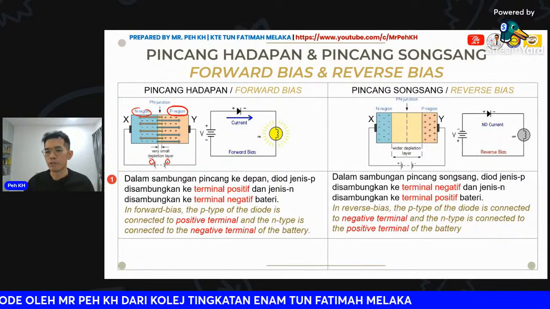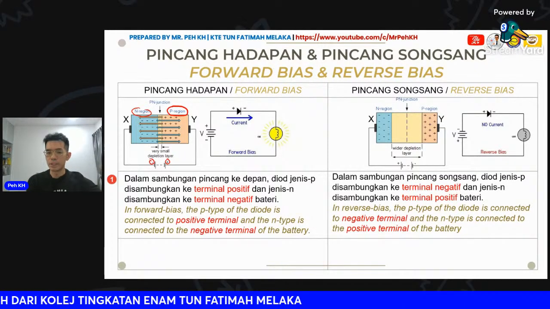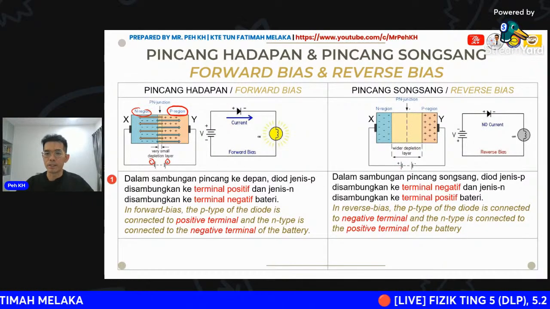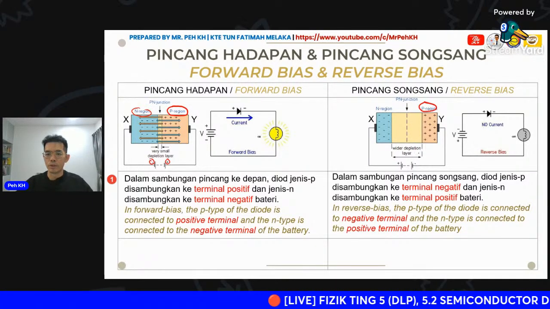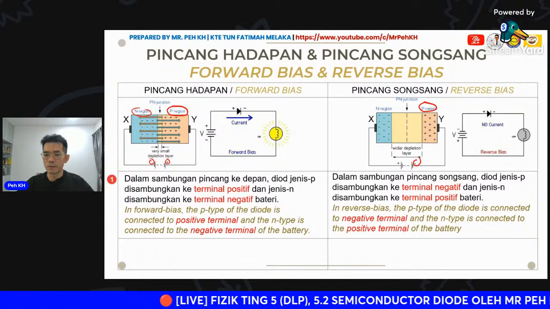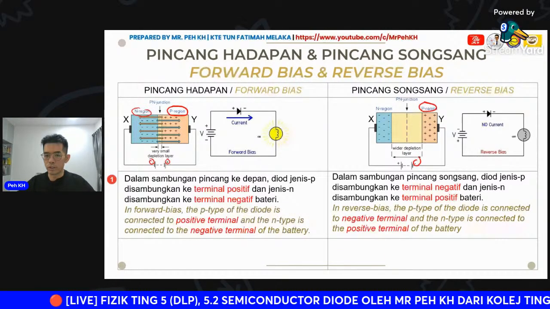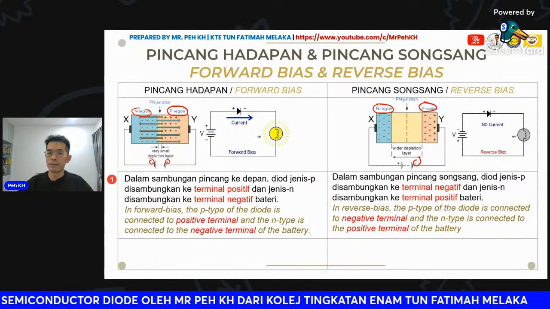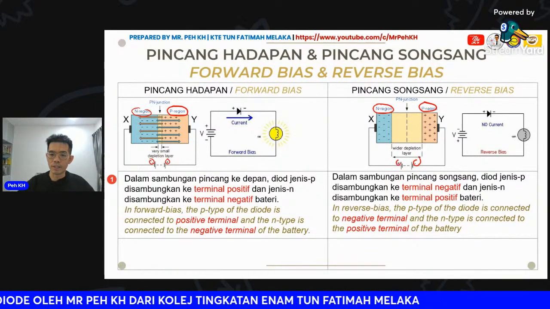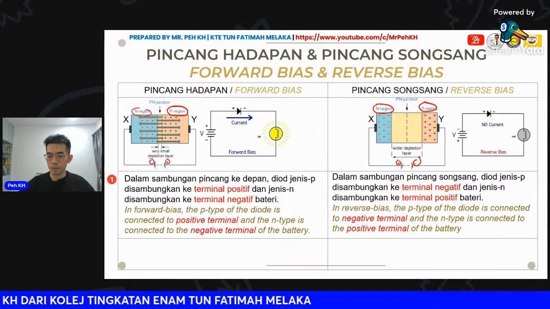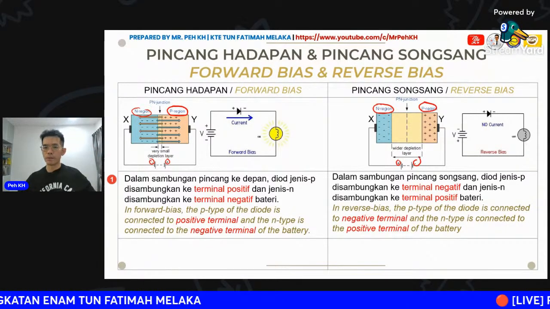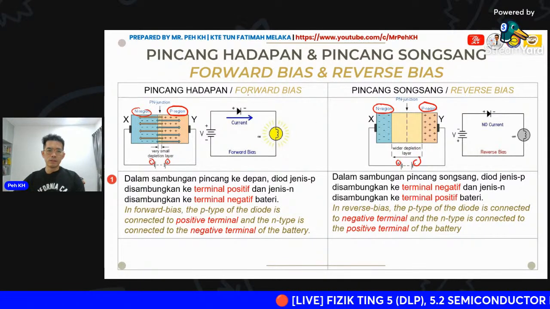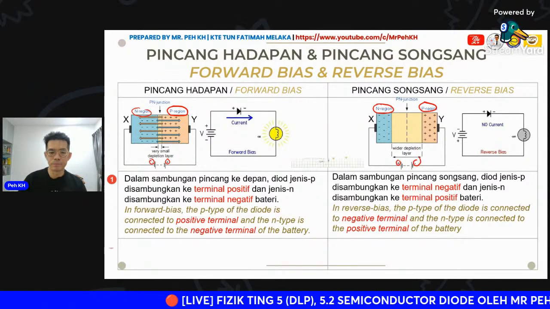On the other hand, for the reverse bias, the p-type semiconductor will be connected with the negative terminal of the battery. Then the N region, or n-type semiconductor, will be connected with the positive terminal of the battery. So this will be the difference between the connection of forward bias and reverse bias.